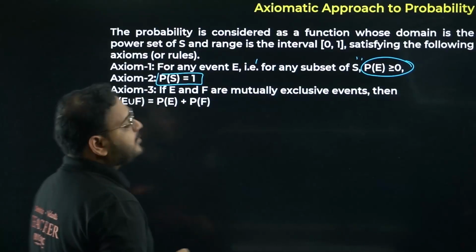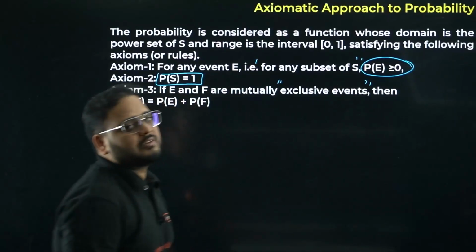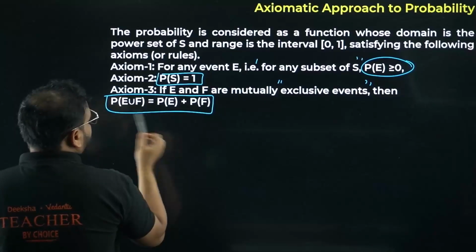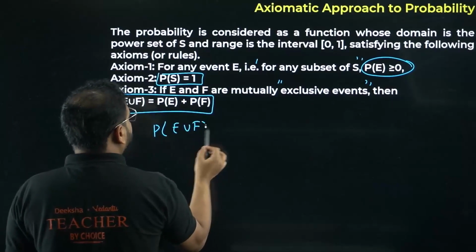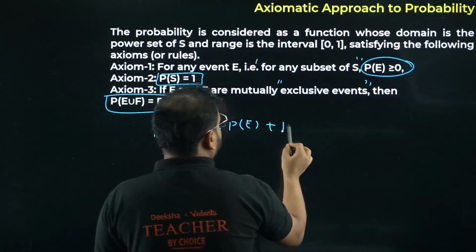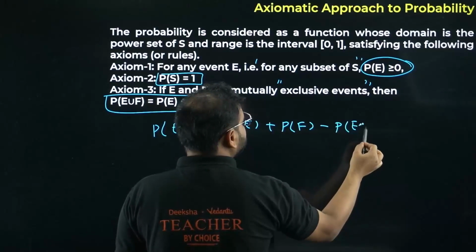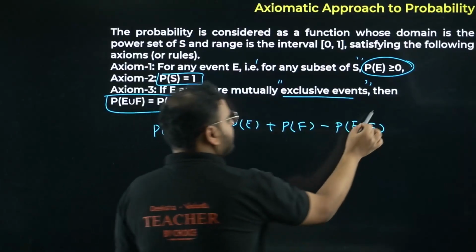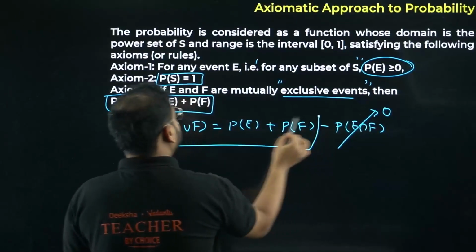If E and F are mutually exclusive events, the probability of the union will simply be the sum, right? Because usually we write the union of E and F as P(E) plus P(F) minus P(E intersection F). But since they are mutually exclusive events, this value will turn out to be 0. Hence, your result will be this much only.